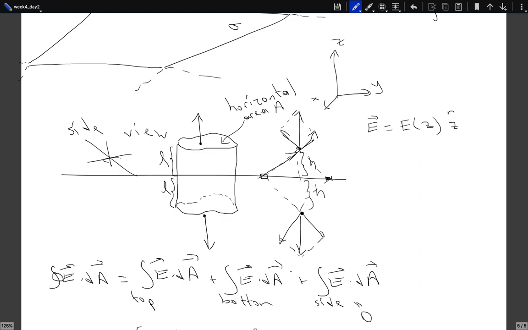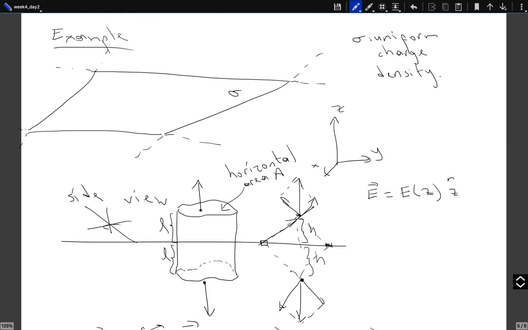Here we have a surface with a surface charge density sigma, which tells me that any area on this surface carries that charge per area. This much of my surface is inside my cylinder, and that has an area A. So the total charge here is just sigma times A.